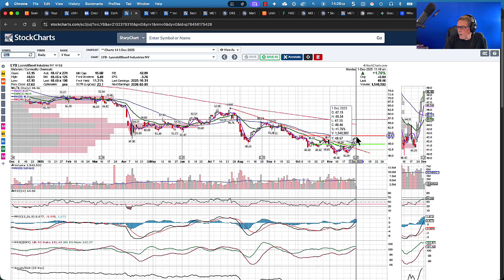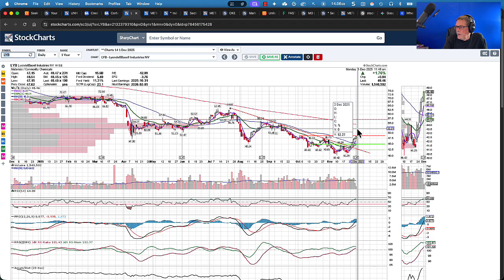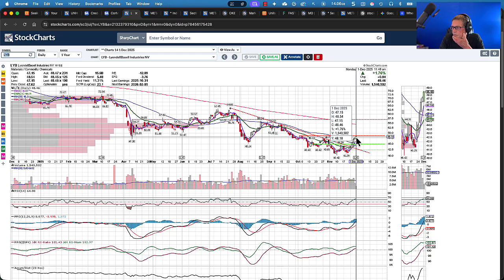They're reaching some resistance here at about 48. They've already broken above the 50-day moving average. If they can break above here and oil prices continue to go a bit higher, we could see higher prices than LYB.